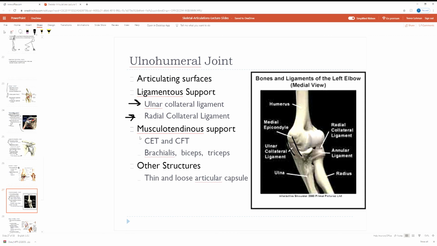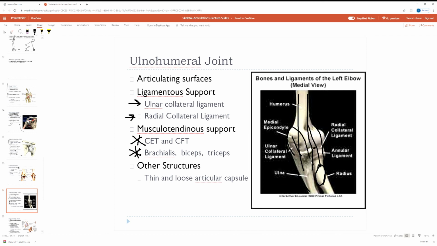There's a great deal of musculotendinous support. We don't really need to go into it a ton, but just know brachialis, which is your main elbow flexor, crosses the front and attaches to the ulna. The biceps attach to the radius, this radial tuberosity in particular, right here. And then you have all of your forearm muscles on the side.